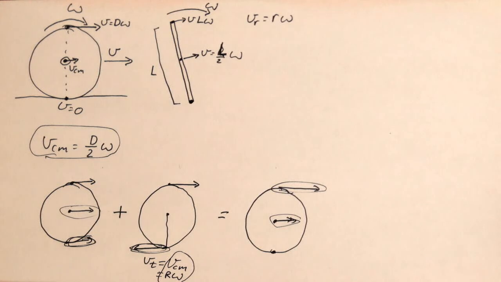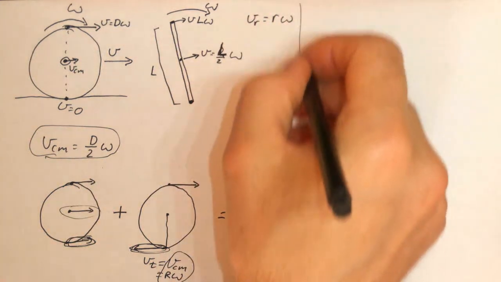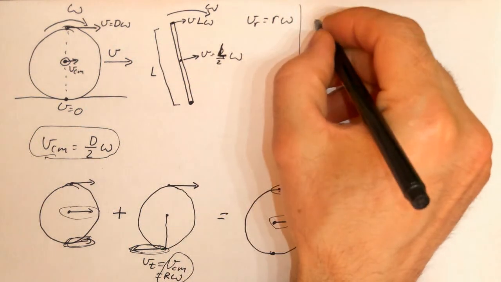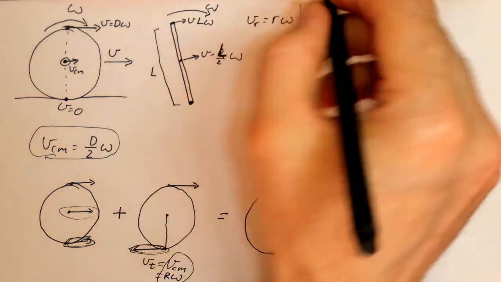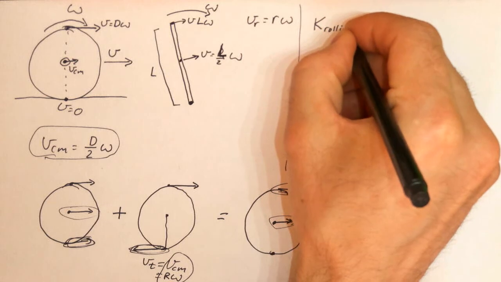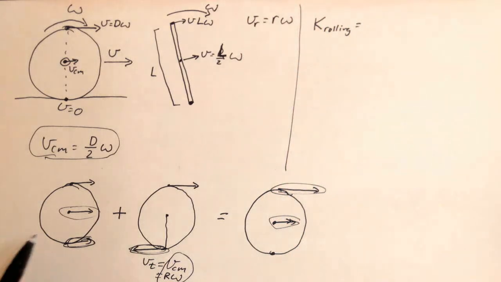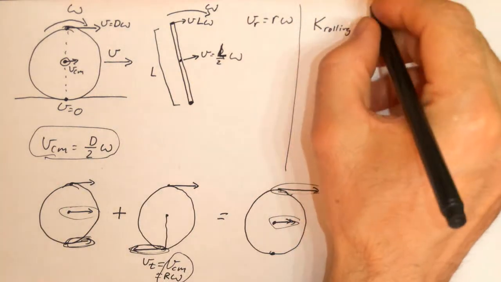Now I want to point out something that's really cool: by recognizing rolling motion is just the kind of physical sum of translational motion plus rotational motion, then we could do all sorts of things with it. So for example, we could say that K, the kinetic energy of rolling motion, okay, I'll put rolling, is just equal to the kinetic energy of translation or moving.